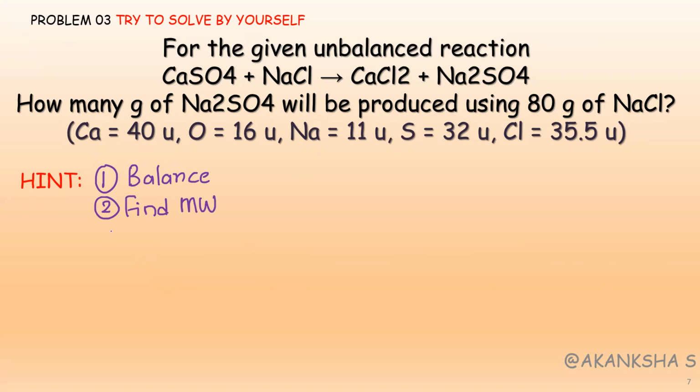Once you find the molecular weight of each reactant and each product, next you are going to understand what is given and what you need to find. Okay. And fourth step would be cross multiplying in order to get the amount of the required compound. Using these simple 4 steps, you can solve any stoichiometric problem that can come into your picture.